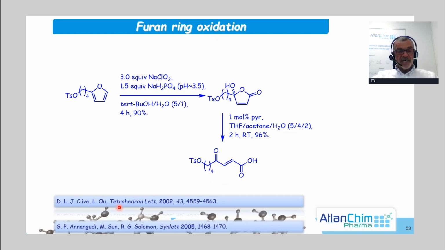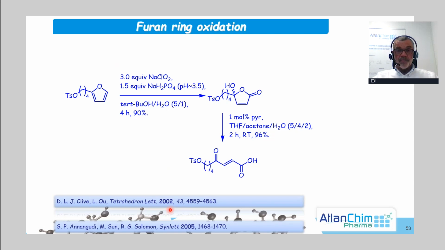In fact, in 2002, Cleve discovered this oxidation of the furan ring as an unexpected side reaction in model studies on the synthesis of highly oxygenated complex compounds.